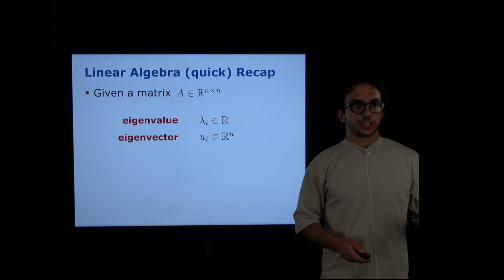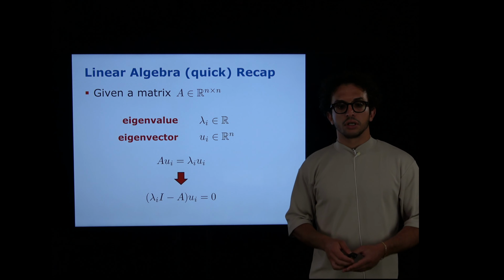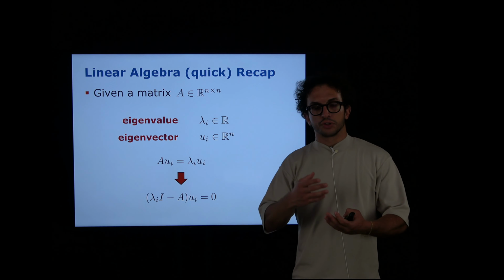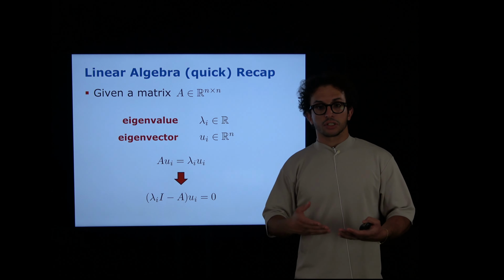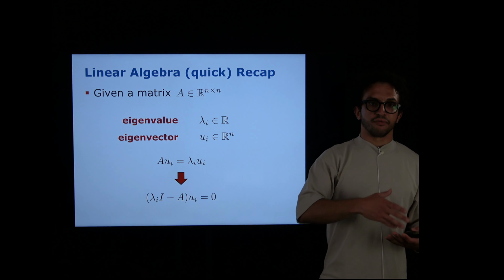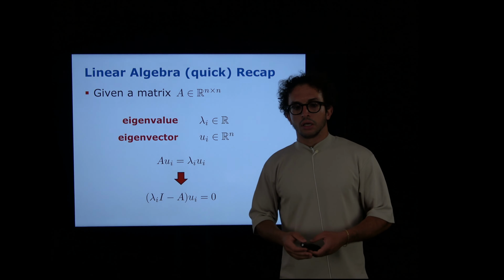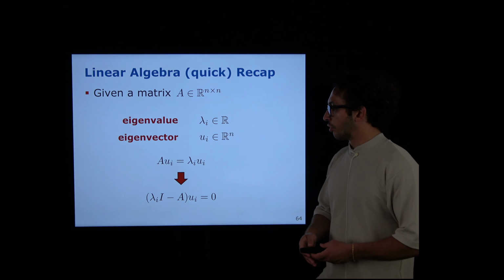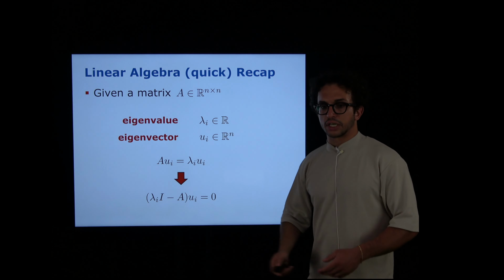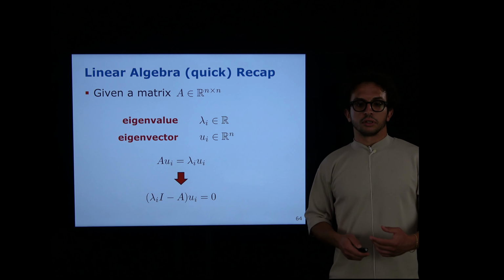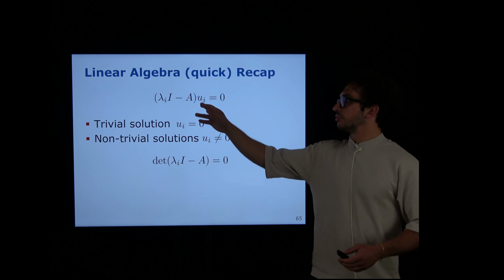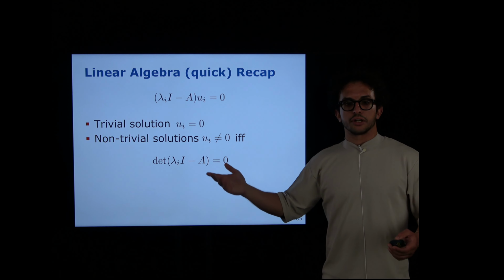The relationship between eigenvalues and eigenvectors is that if you multiply the matrix by the eigenvectors, you get exactly eigenvalues times the eigenvectors. And then if you solve for u, which is the eigenvectors, you get something like this. How is this solved? What do you get out of it? Well, the first trivial solution would be u equal to 0, but this is uninteresting.